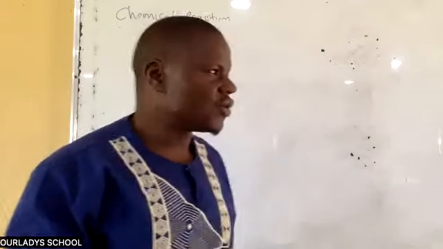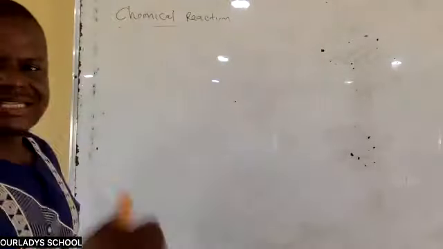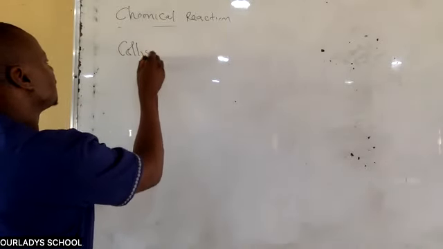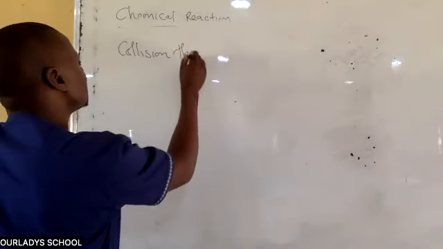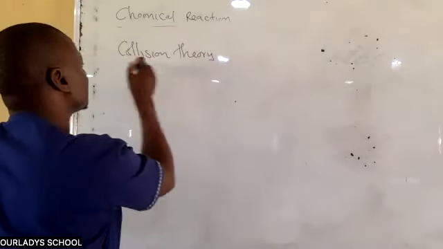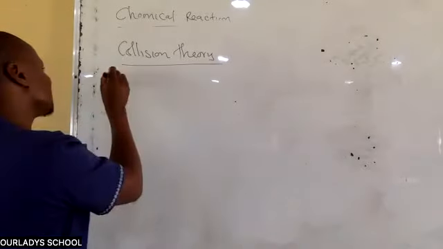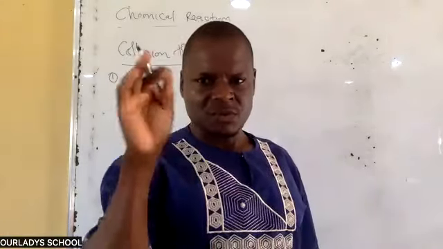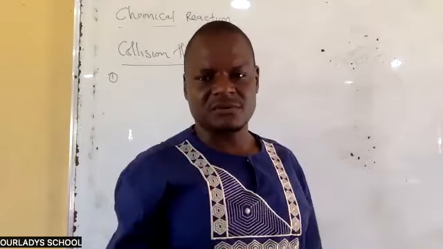This assumption is called the collision theory. So let's look at the collision theory. There are actually only 3 assumptions that we have under collision theory. Without these assumptions, there will be no final product.